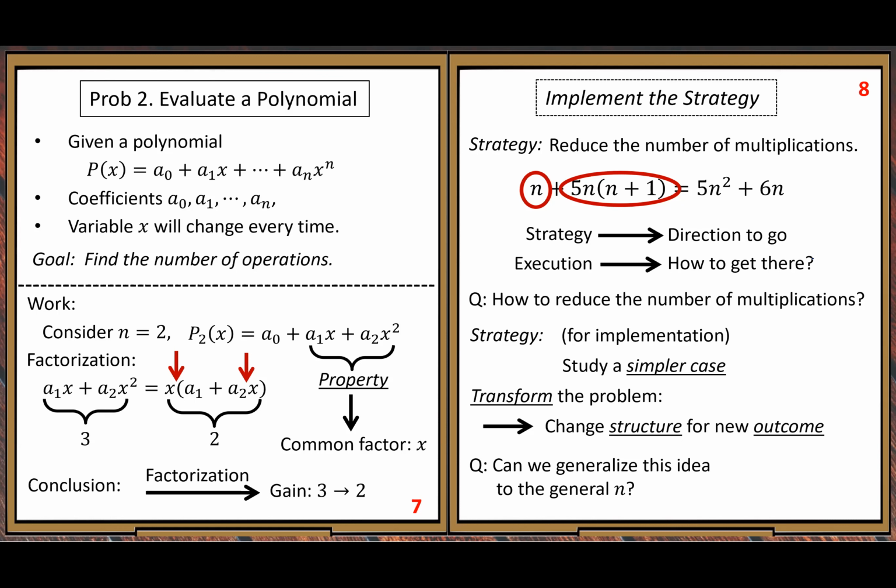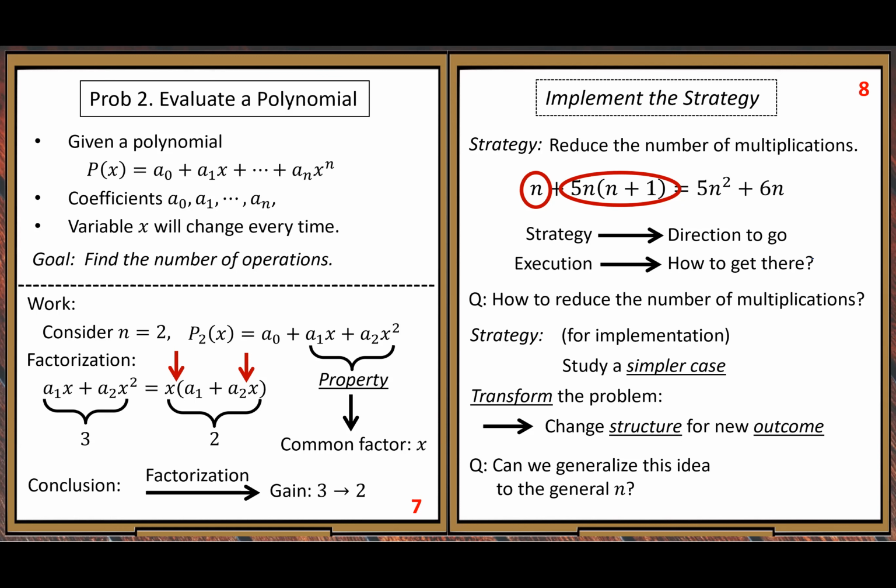General N. After we work a simpler case, now we have the experience here. We have the conclusion here.